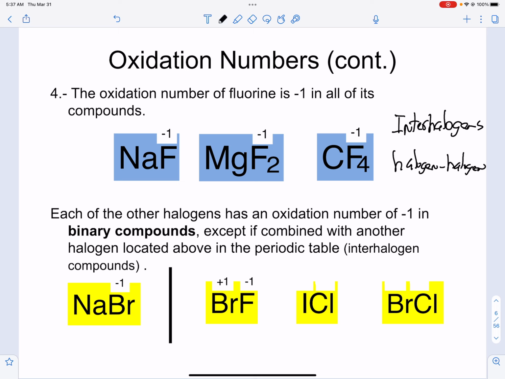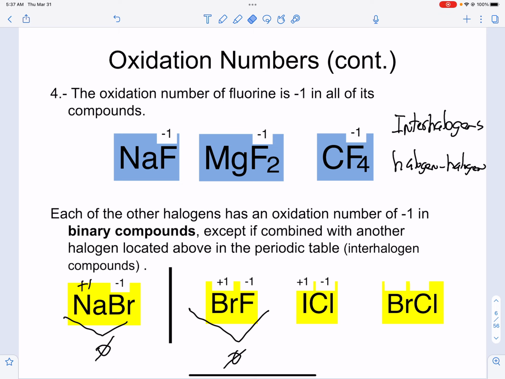Notice the last rule I'm going to tell you, but you probably have seen the pattern developing, is that compounds have to be 0. So whenever you have a compound, the combination of all of the elements' oxidation numbers has to be 0. Between iodine and chlorine, chlorine will be closer to fluorine, so chlorine will be -1, so iodine will have to be +1.